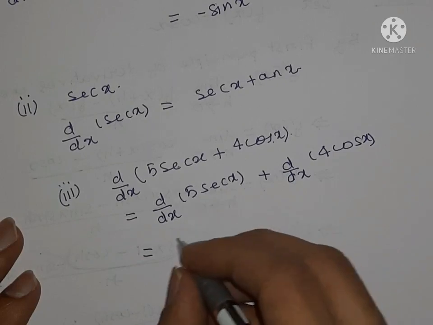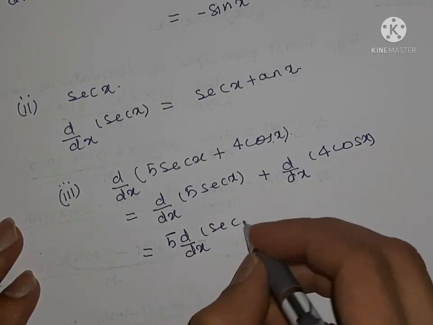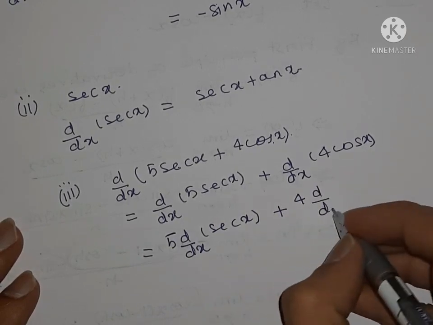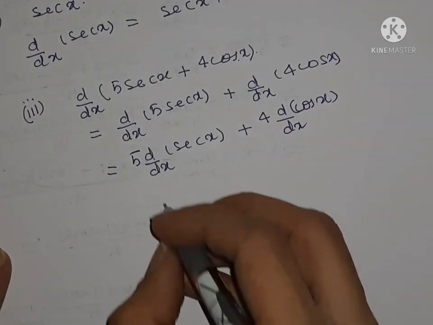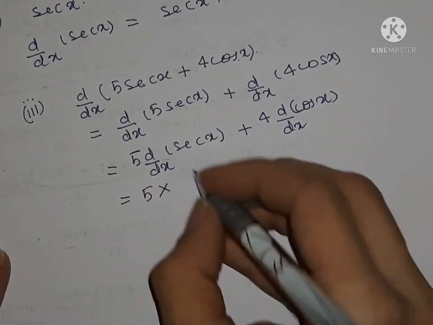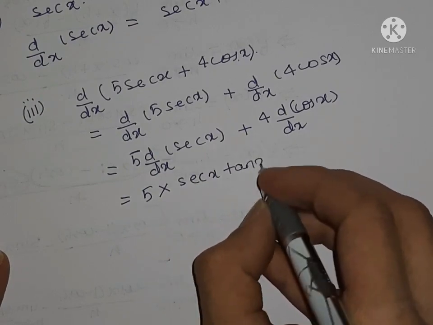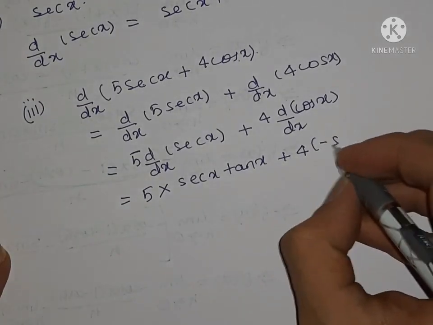This will be equal to 5 will come out, that is a constant, so derivative of sec x, plus this 4 will come out, the derivative of cos x. So this is nothing but 5 times derivative of sec x is sec x tan x, and plus 4 times derivative of cos x is minus sin x.